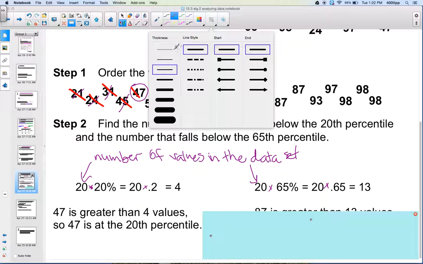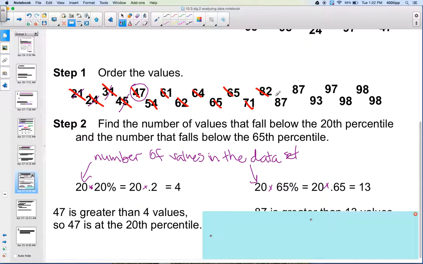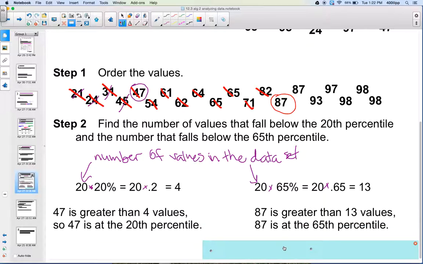And then the next number is 87. So 87 is greater than 13 values. Therefore, 87 is at the 65th percentile. And that's how we're going to be analyzing data with percentiles.